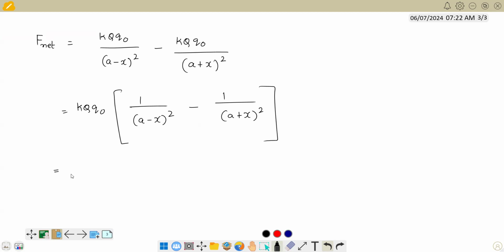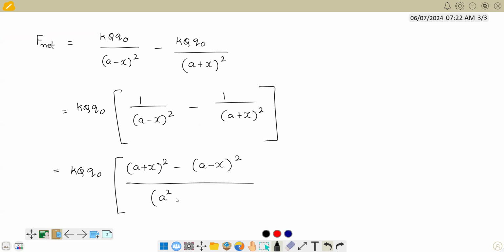So we can write this as q naught into (a plus x) whole square minus (a minus x) whole square, divided by, multiply the bases, (a minus x) into (a plus x), so (a square minus x square) whole square.